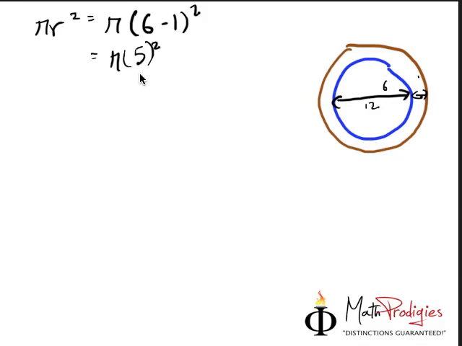No, because when you find pi 5 squared, you're saying this circle minus this circle gives me the inside. You take the 6 and minus 1, it means you're imagining that the footpath is within. And so you will get something that looks a bit like this. Is that a footpath? No. So that is definitely not the way to do it.